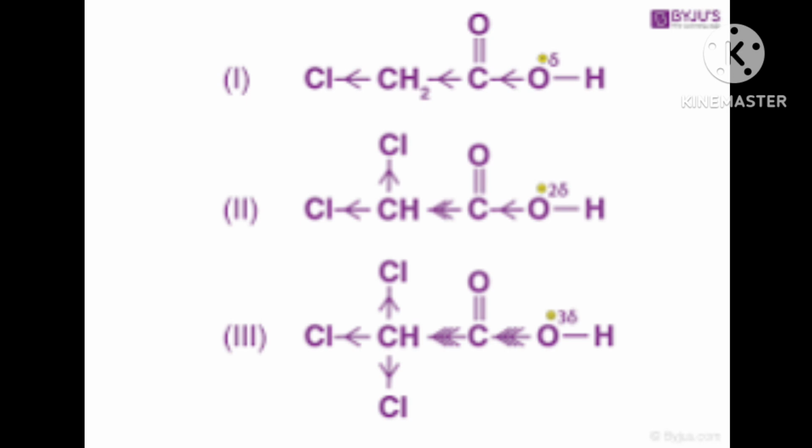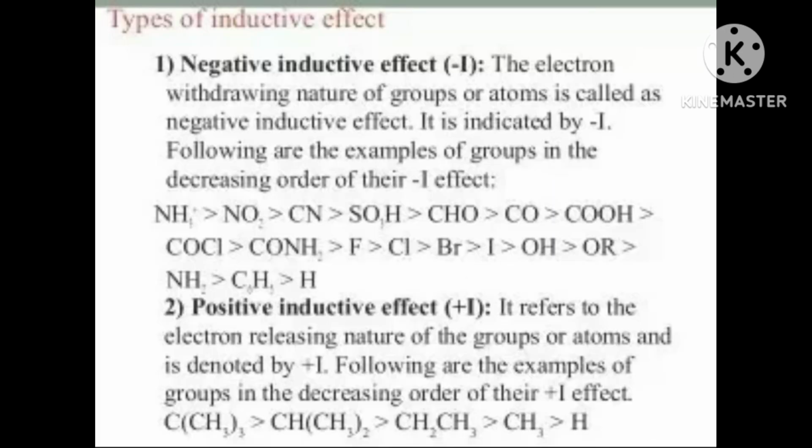Halogens and many other groups including halogen, nitro group, cyano group, carboxy group: nitro group NO2, cyano CN group, carboxy COOH, ester COOR, aryloxy means OAr, also you can say OC6H5.